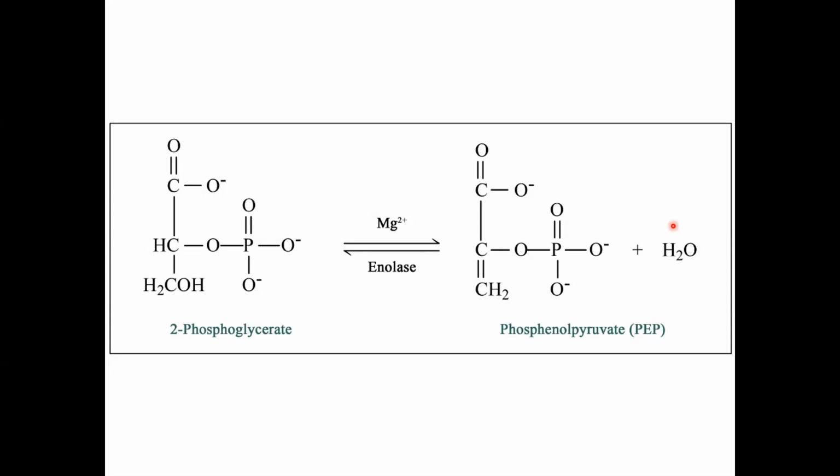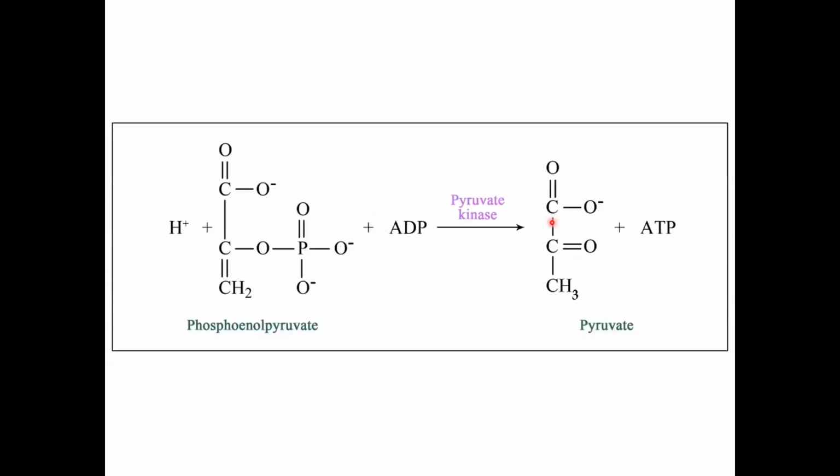And this PEP, let me go ahead and pull up my notes real quick because I don't want to misspeak. I believe this has a lot of energy, but I just want to make sure. Okay, yeah, so PEP has so much energy in it. So we're going to really see that in the next reaction.